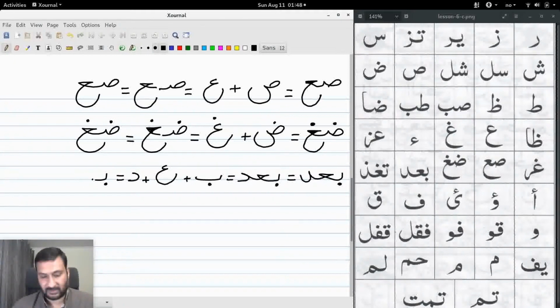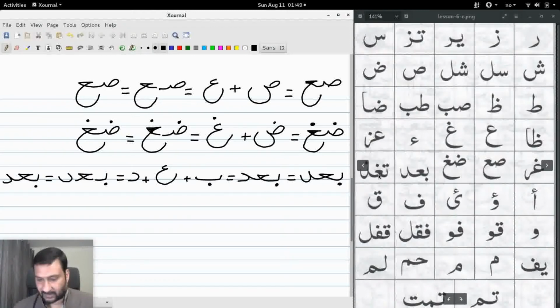Ain is in the middle, so ain takes this form. And dal is at the end, so dal retains its shape. Either this or this one, whatever you choose. So now I will join them together. Ba, ain, dal. Right?